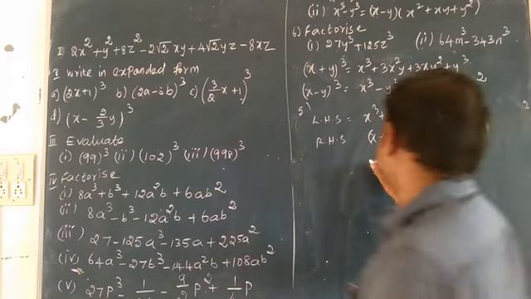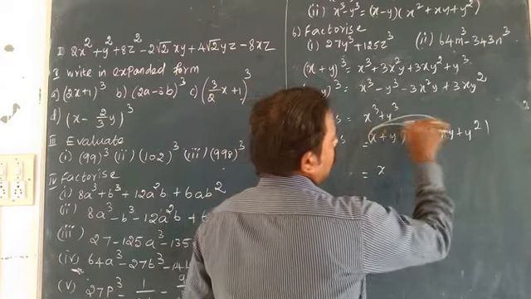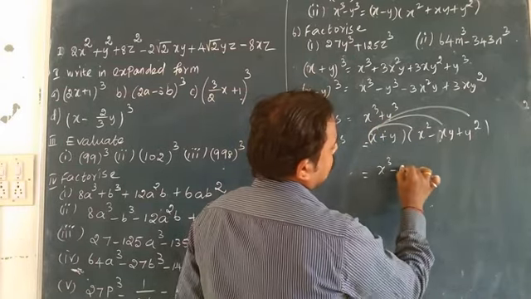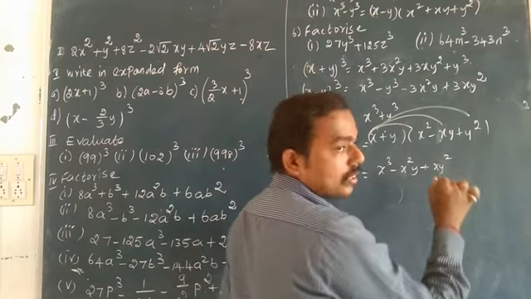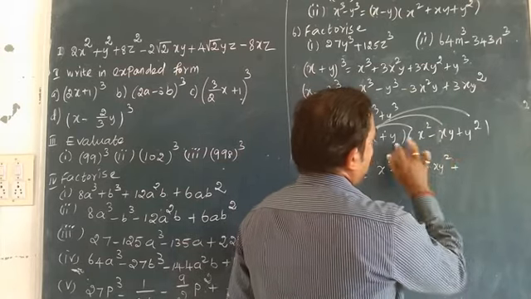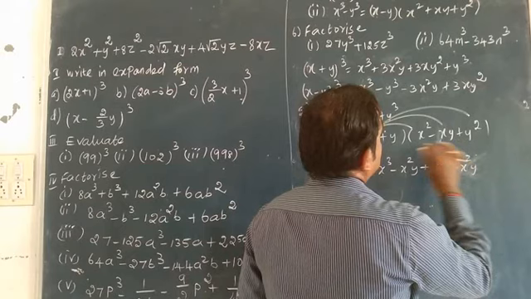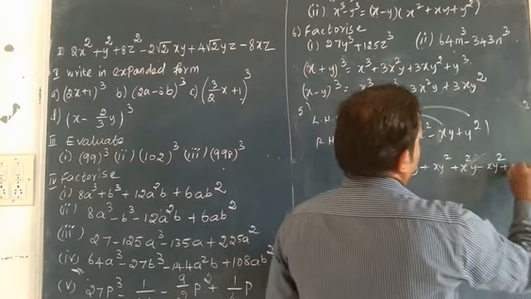So that is the product. Multiply 1 by 1: x into x squared, x power 3; x into xy, x squared y; x into y squared, xy squared; and plus y into x squared, that is x squared y; minus x into y squared; plus y power 3.